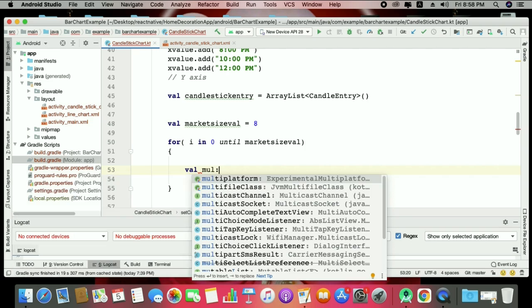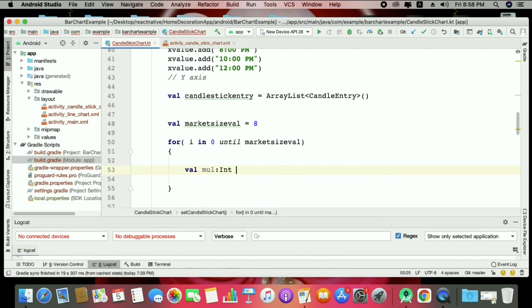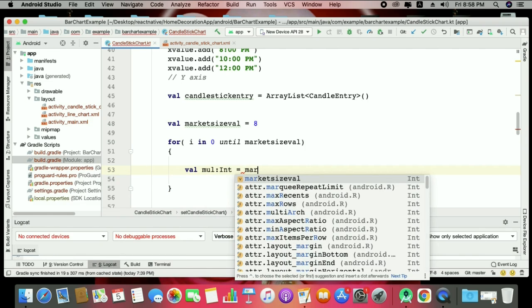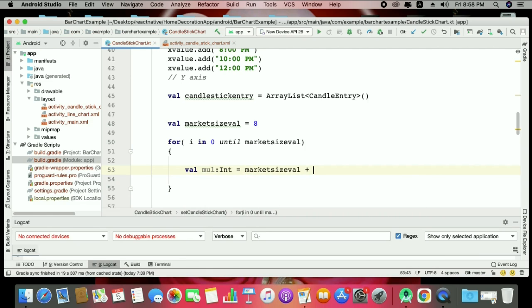In a multiply, you can say that is an int, market size values plus your own values, here 10 or 12, whatever, so it can increase or decrease accordingly.